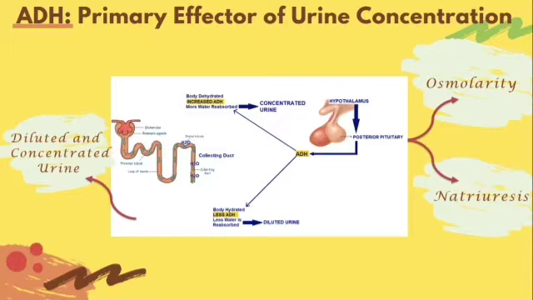In contrast, when there is excess water in the body, and of course there's a reduced extracellular fluid osmolarity, the secretion of this hormone is also reduced, reducing the permeability of the distal tubule and collecting ducts to water. This causes a greater amount of more dilute urine to be excreted.